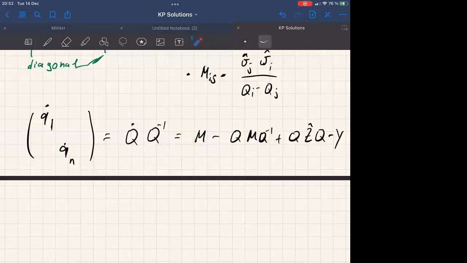This has zero on diagonals, and the only thing from diagonal is here, but here we have polynomials. So this will give us q dot e equals z hat minus y hat e.